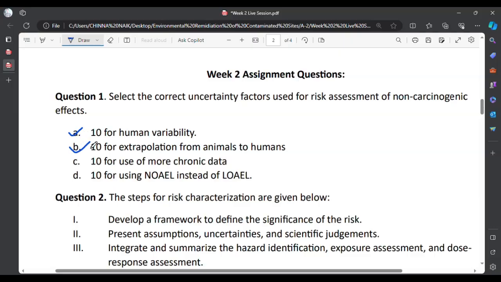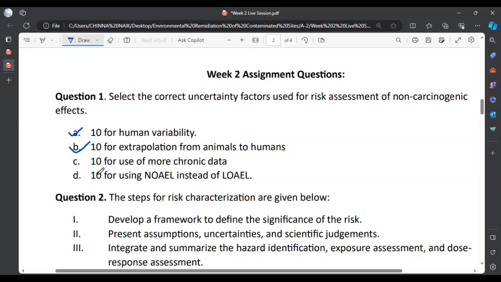And next one, uncertainty factor is 10 for use of more chronic data. Is it true? Think again. I need everyone's opinion, not a single person. Please, everybody get involved. Kirtana, Prithviraj, Srikanth, Vinod, what is your opinion, guys?